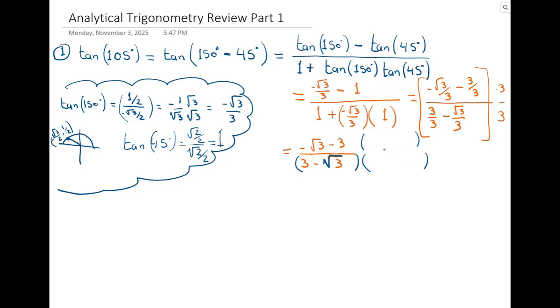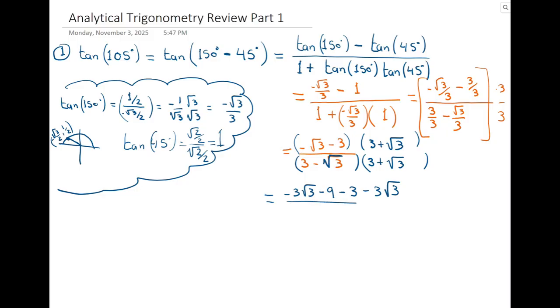So here and there, the conjugate of that denominator will be 3 plus root 3, 3 plus root 3, and that will simplify. So those two are just going to end up being negative 3 root 3, and then a 3 times a negative 3 will be negative 9, and then we have negative square root of 3 times positive square root of 3, which will be negative 3, and then negative root 3, negative 3 root 3.